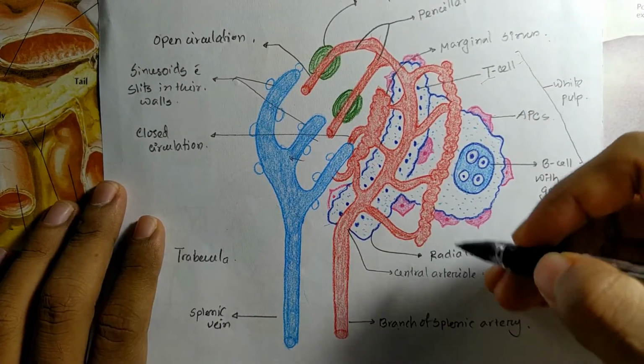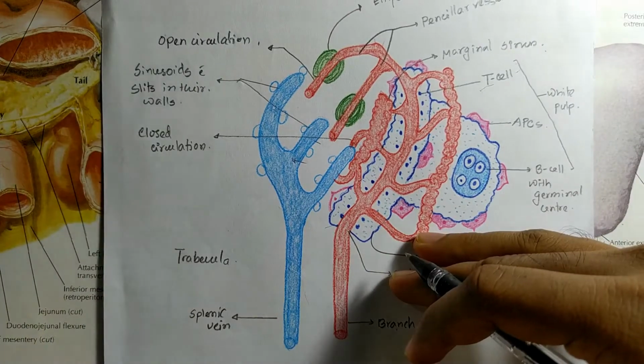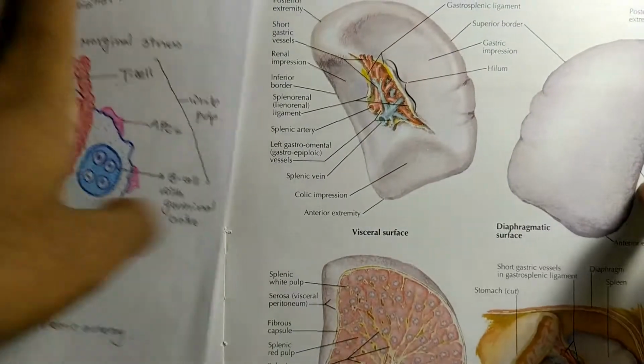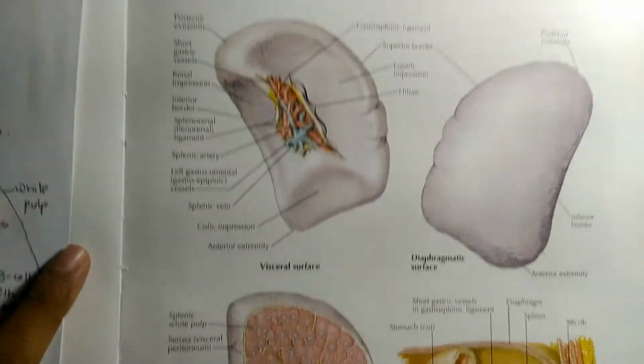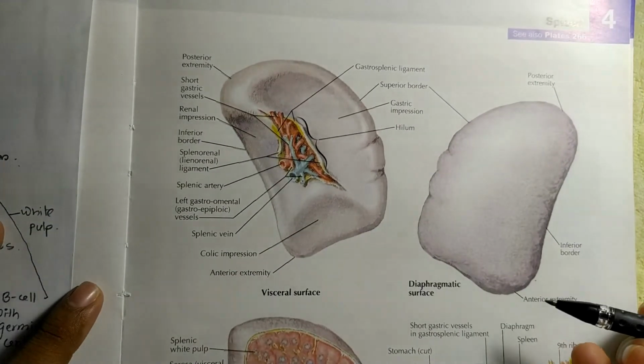Now the spleen can be enlarged. The spleen itself can become enlarged in some disease conditions. It is called splenomegaly. Megaly means enlargement.